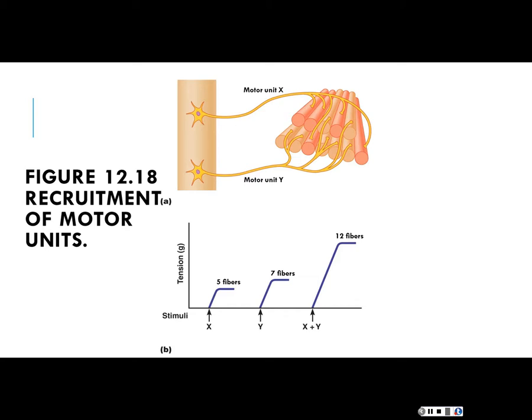A motor unit is a single motor nerve, so it's one nerve and however many muscle cells which it controls. So one nerve, and you can say X number of skeletal muscle cells would make up a motor unit.